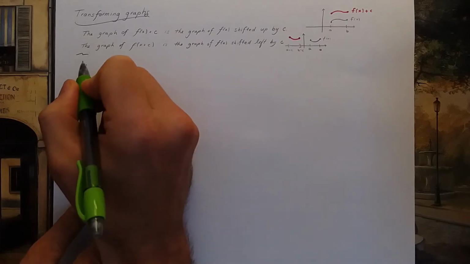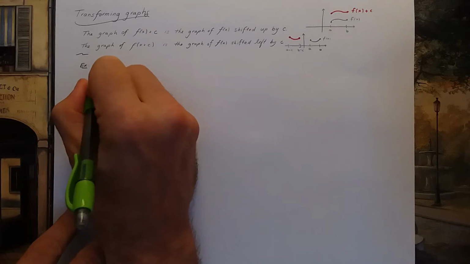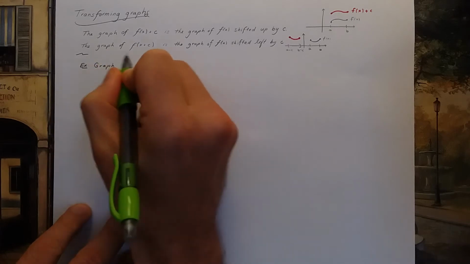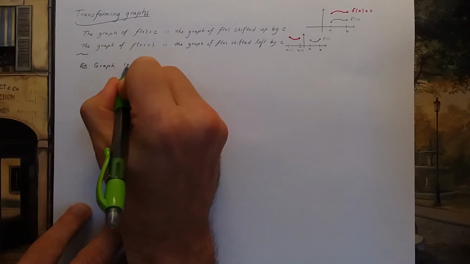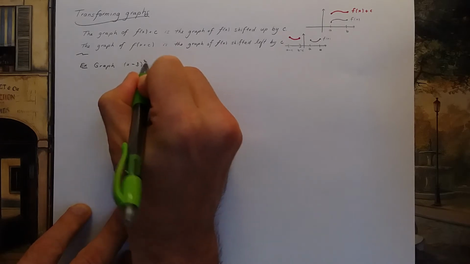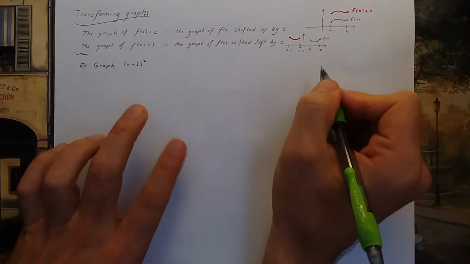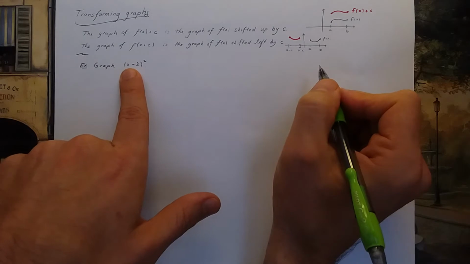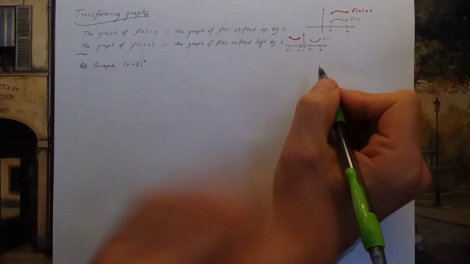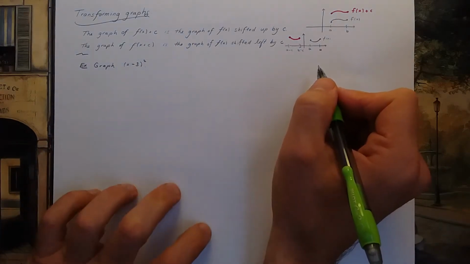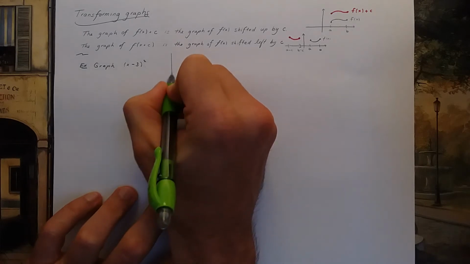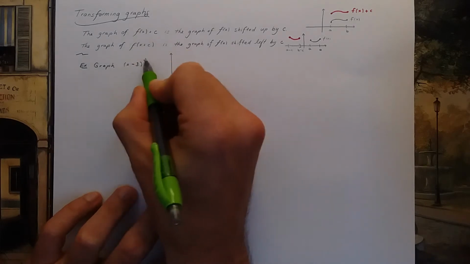So as an example, I can graph the function x minus 3 squared. This is the graph of x squared shifted over by 3. So I know what the graph of x squared looks like.